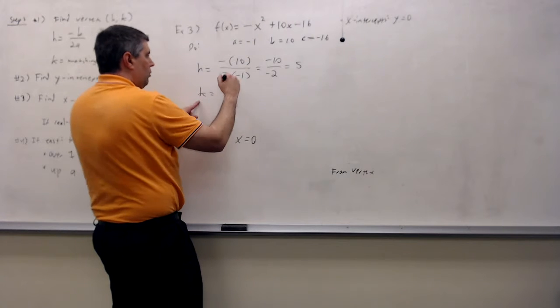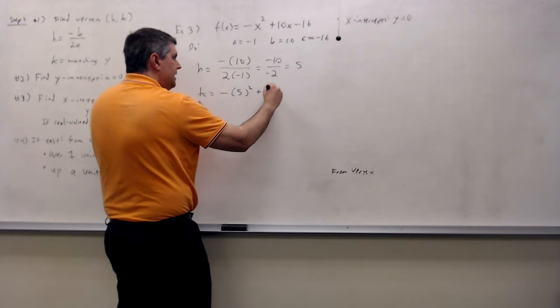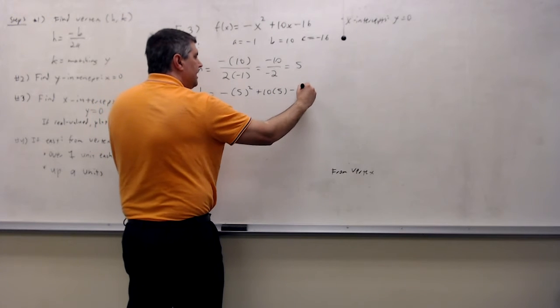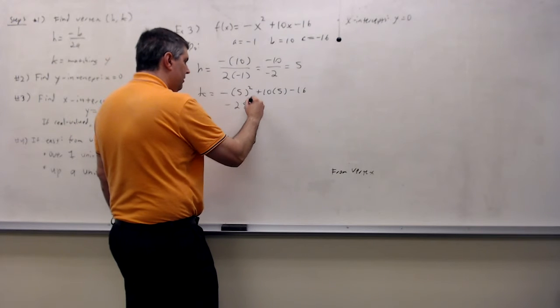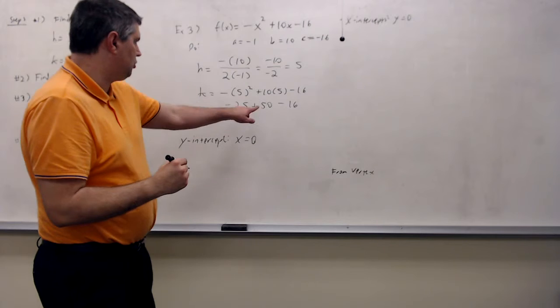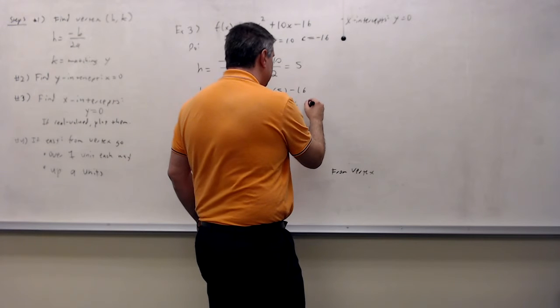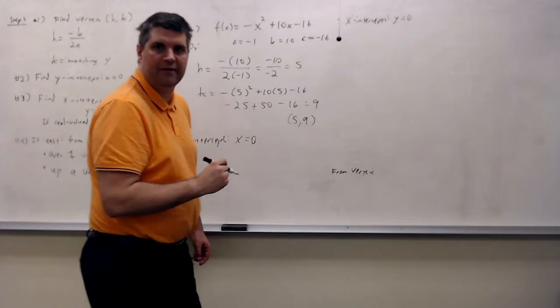So K will equal -5 squared plus 10 times 5 minus 16. So that will be -25 plus 50 minus 16. 25 minus 16 is 9. So I have (5, 9) as my vertex.